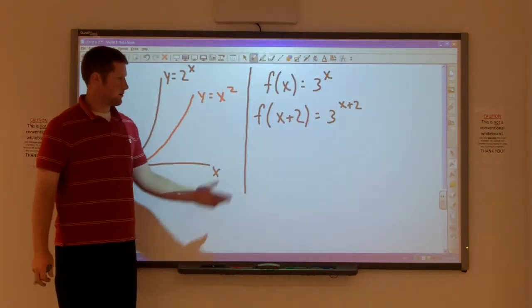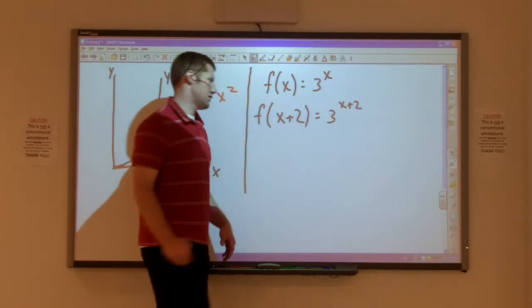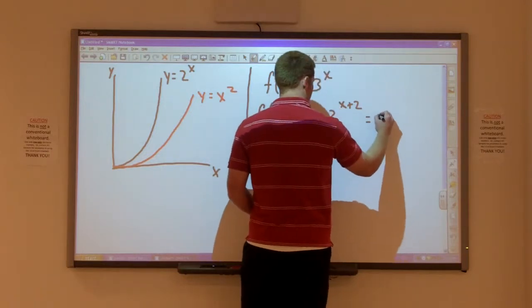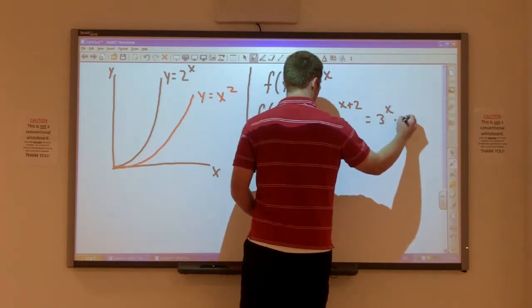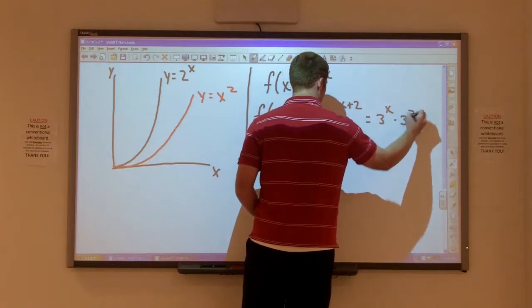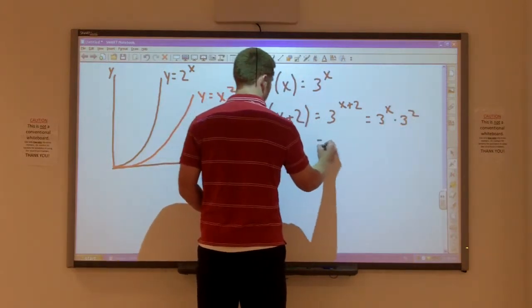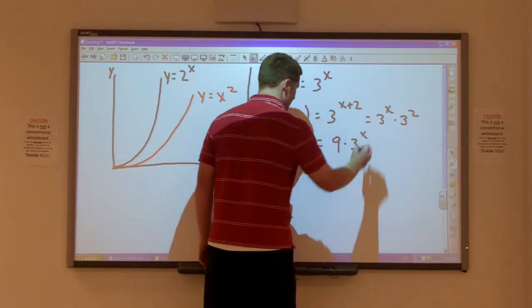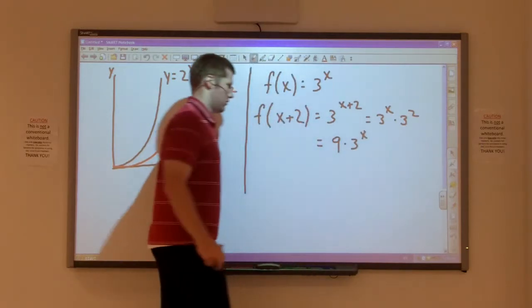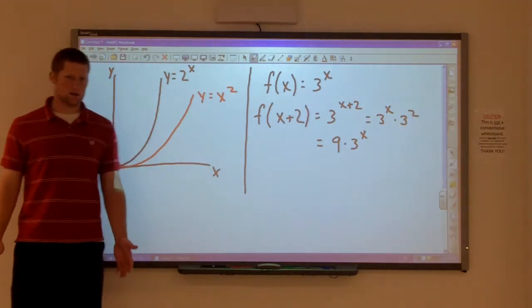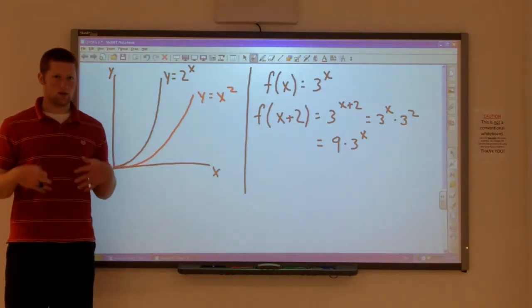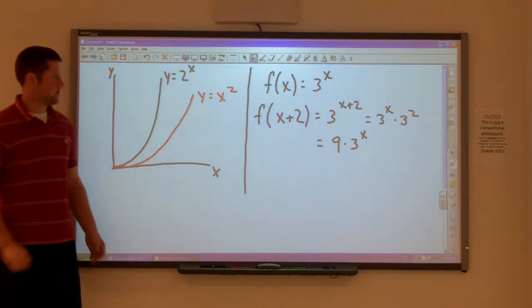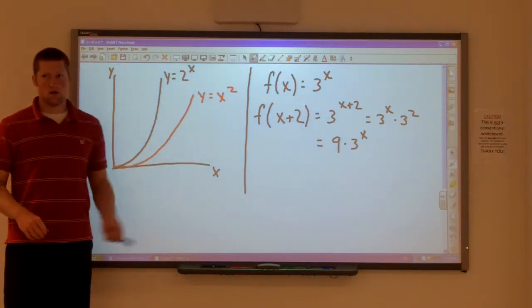That's straightforward enough, but let's look at what this actually is. We can rewrite this as 3 to the x times 3 squared, so that gives us 9 times 3 to the x. So we've only shifted along our x-axis 2 units, and we're already increasing at a rate 9 times our original function. So that's why these exponentials increase so quickly.